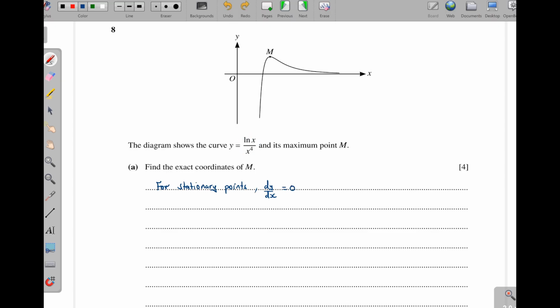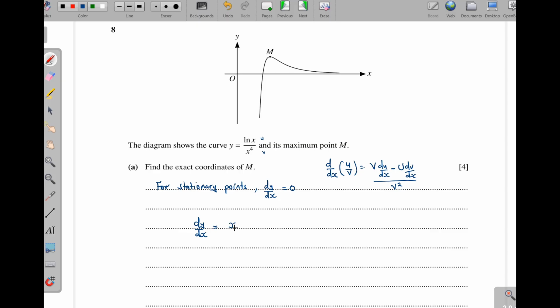Now this is a quotient, so we are going to use the quotient rule. And you know that when you differentiate with respect to x, u out of v, then we are going to have v du/dx minus u dv/dx, out of v squared. So our dy/dx here is going to be equal to, this is the v, this is the u.